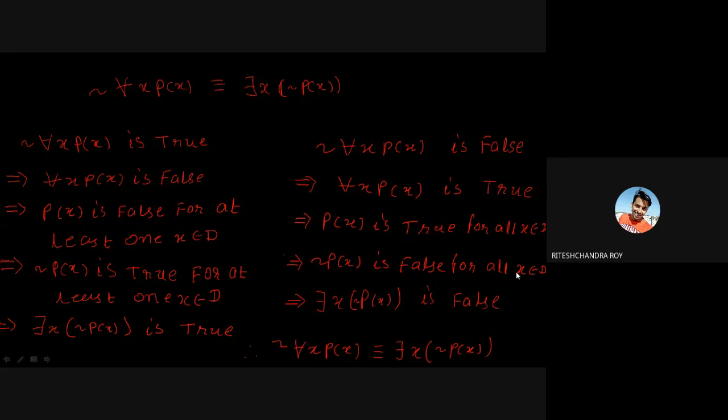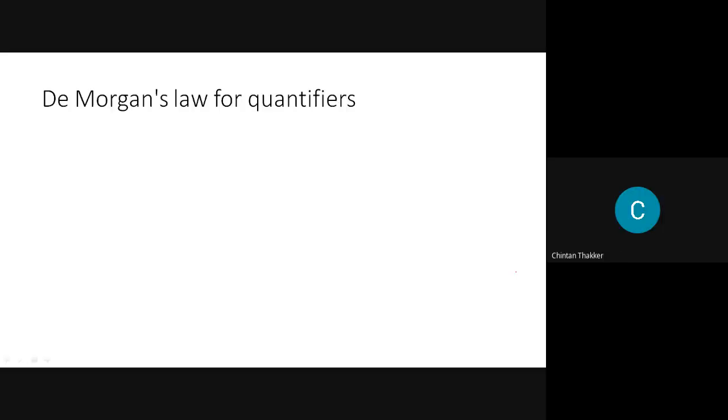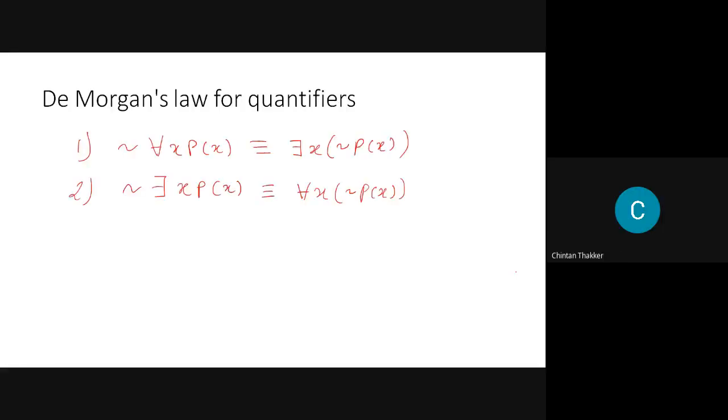Yes. Okay. Now the second one is negation of there exists x Px equivalent to all x negation of Px. So here also you have to take the same method.